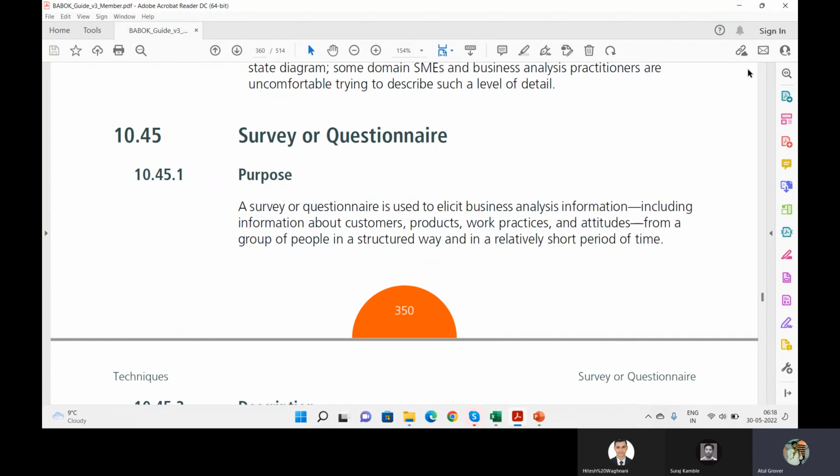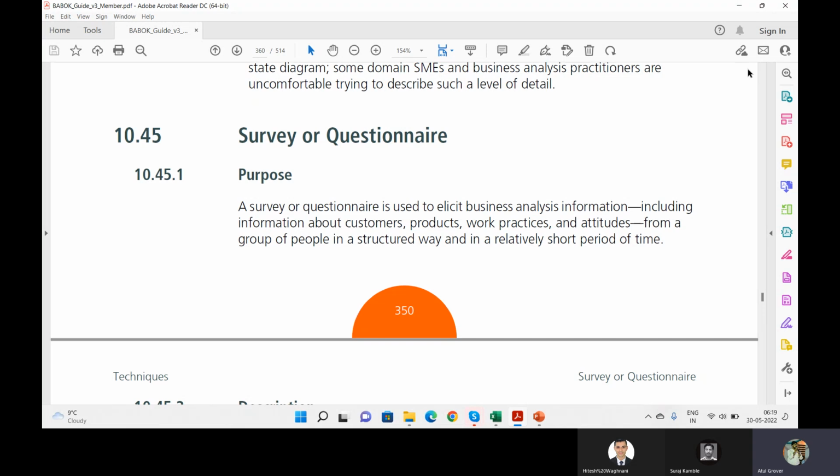Okay, survey or questionnaire. As the name indicates, this is the last technique we are going to discuss in this requirement elicitation. If you want to get a large amount of data from a large audience, there is a saying that if you send a survey to 1,000 people, you should get results from at least 20 or 30%.